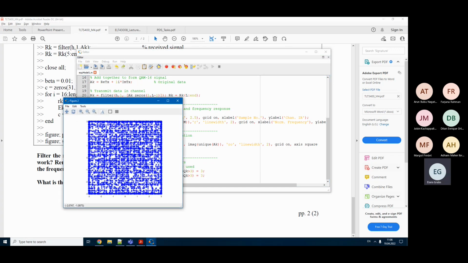So now, as you can see, all these points that were previously outside are now concentrated here, because it doesn't really matter if the point is here or here, it's still going to be closest to this point. Yes. And it will regardless be evaluated as one of these points.